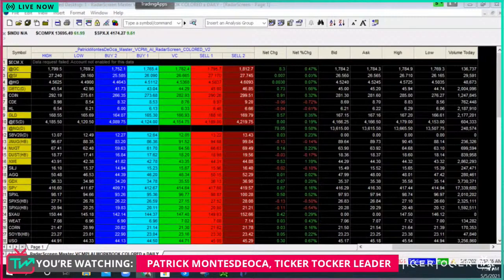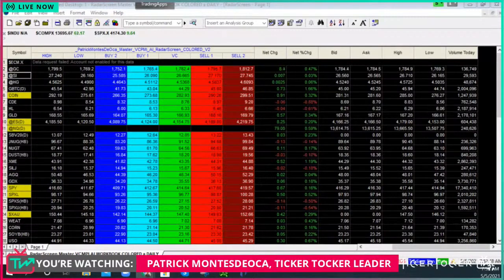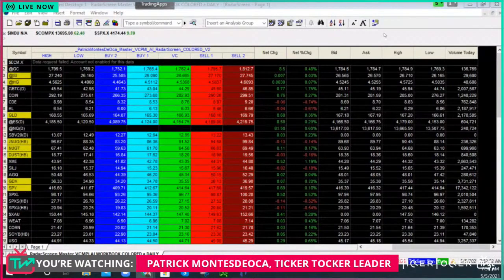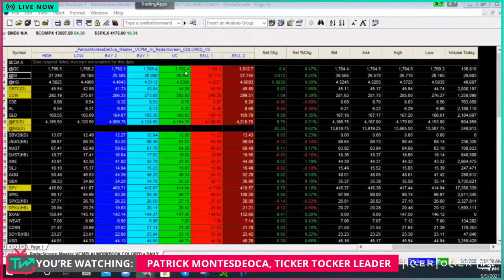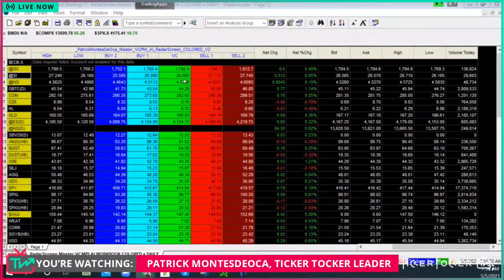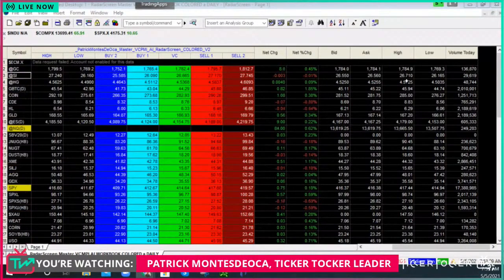We actually completed the silver targets and the gold targets. If you take a look at the highs that we made today, it was 1784.90. The target in gold was 1782.40, which was the mean, and the target in silver was 26.65, and the high that was made so far is 26.71.